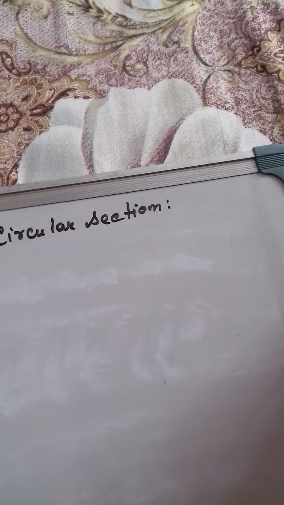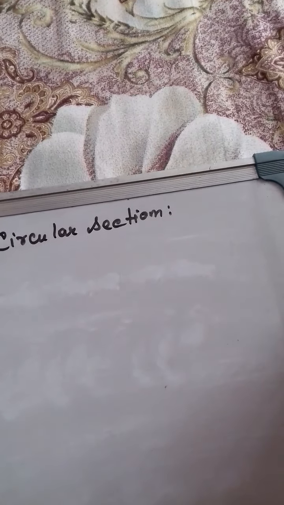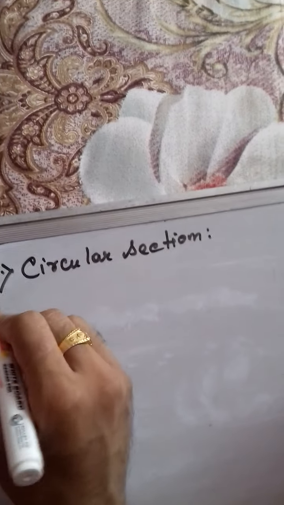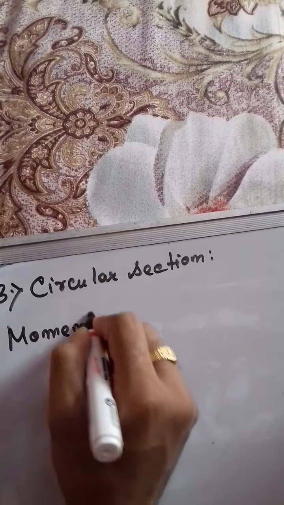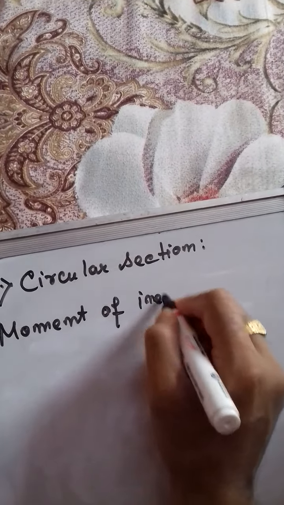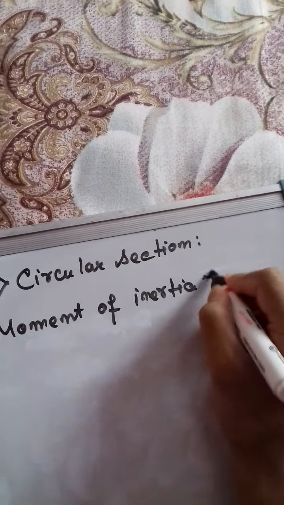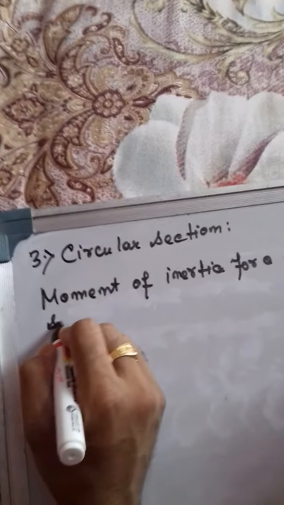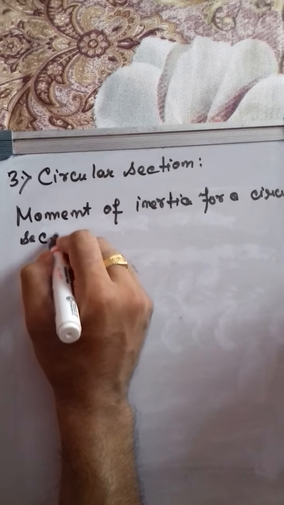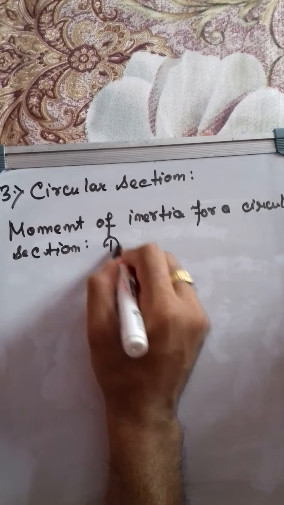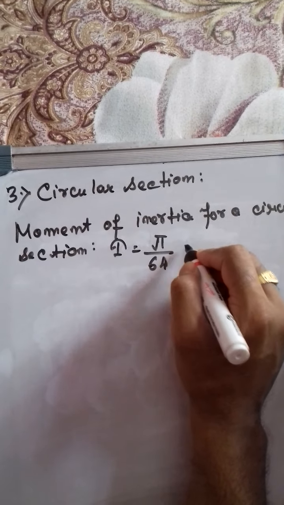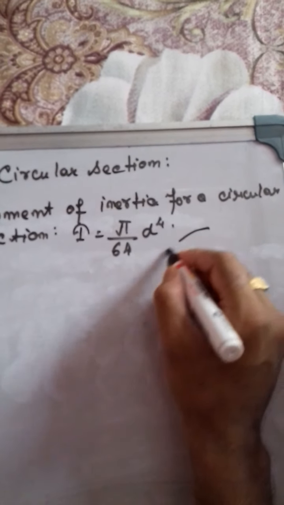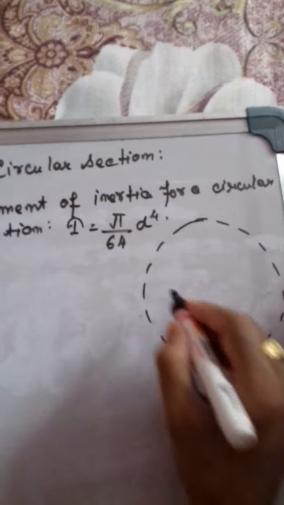For a circular section, we know that the moment of inertia for a circular section, I think all of you know, is I is equal to pi by 64 d to the power of 4, right? So this is a circular section.